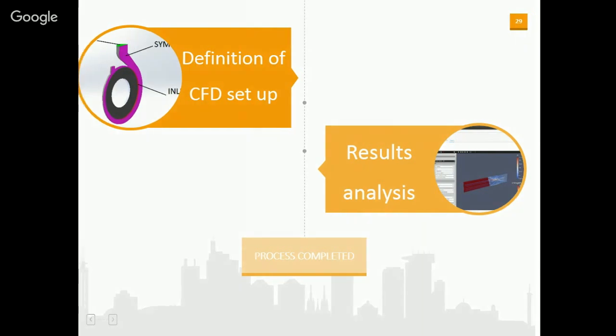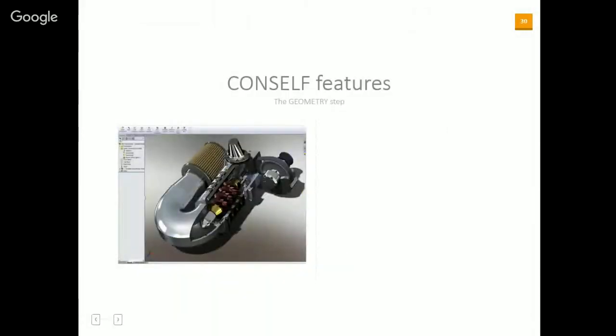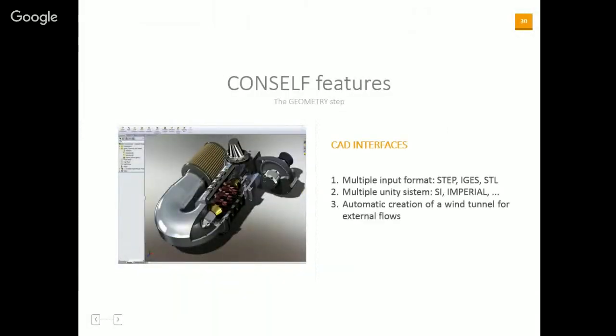Most of these steps we saw briefly earlier, but we're now going to see how they technically work. In the CAD interface, it's possible to use STEP, IGES, or STL files. These can be produced by, I would say, all of the CAD software currently available on the market, and it is also possible to interact with multiple unit systems, such as International or Imperial.